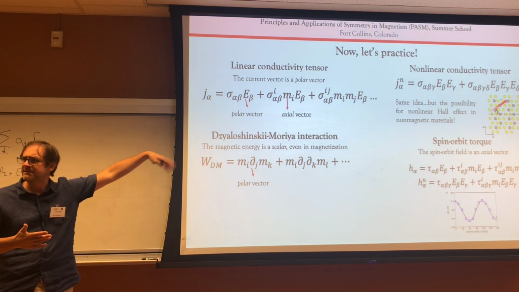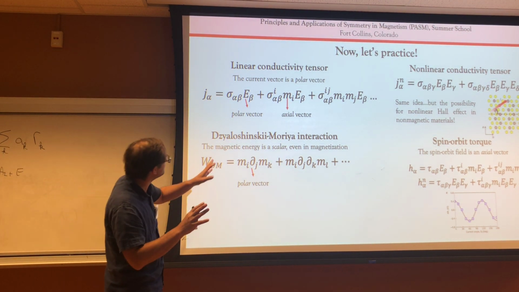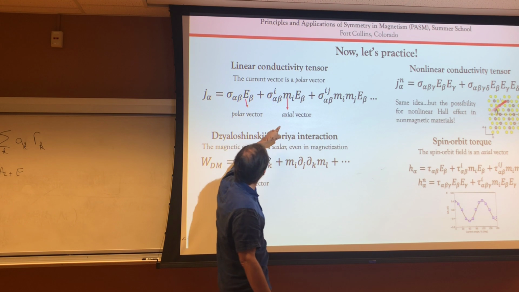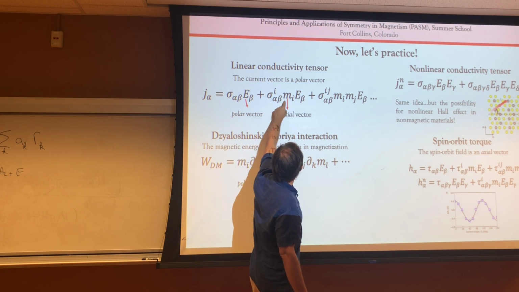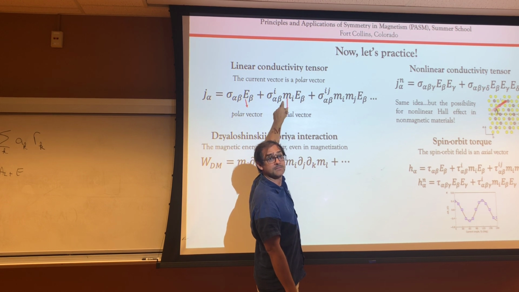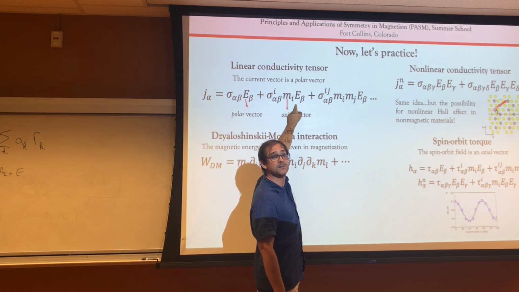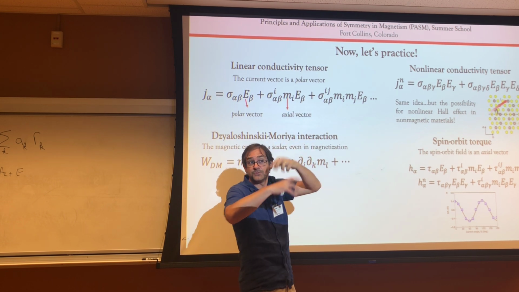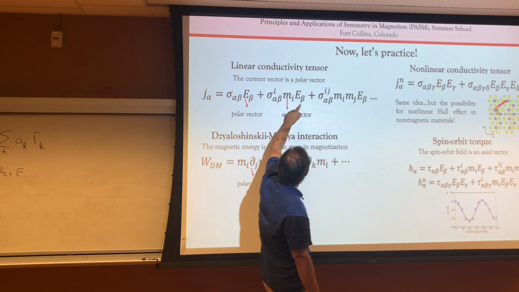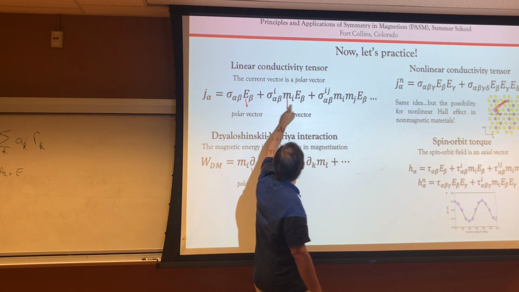There's no spin-orbit coupling physics here. There's no microscopic reading. It's purely symmetrical. And we'll see that if we allow this term to exist, then we have an axial vector here. So it turned out that this one must behave like an axial vector, which is strange because it's a polar vector. So we'll see how it works. We basically have to engineer our electric field so that it behaves like a polar vector. And I'll show you how it works.